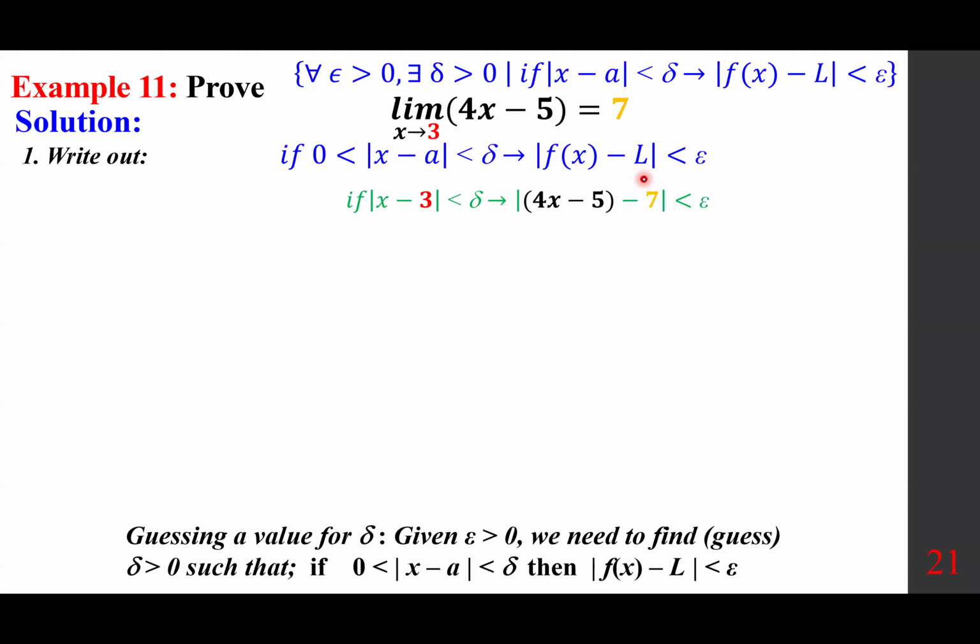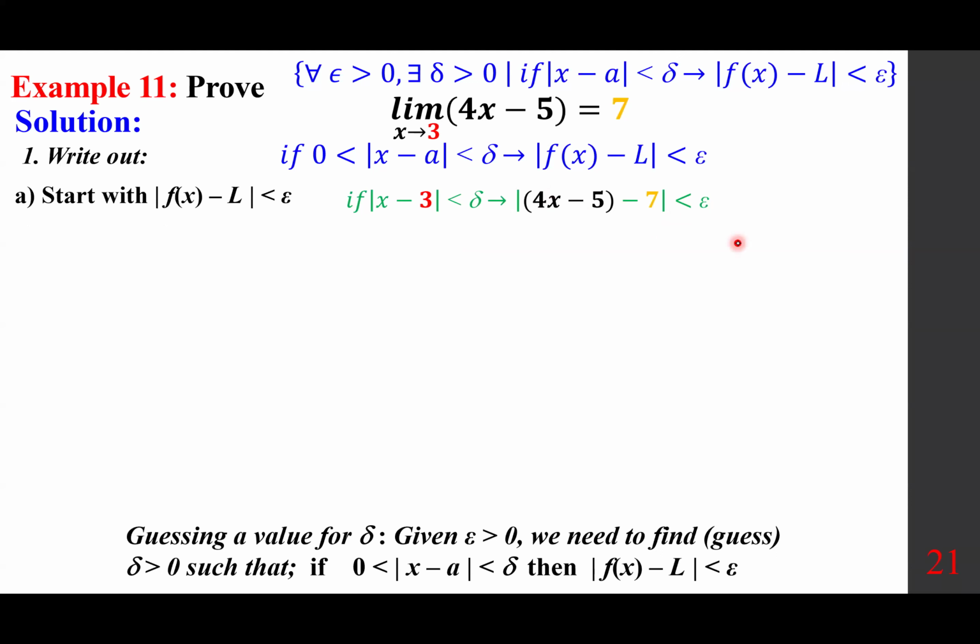Now, this is the write out. Just follow this, replace the a, replace the f of x, replace the L. This is the way the proof works. Then you always start with 4x minus 5 minus 7, the second part, less than epsilon. This is how the proof works, as you recall in algebra.